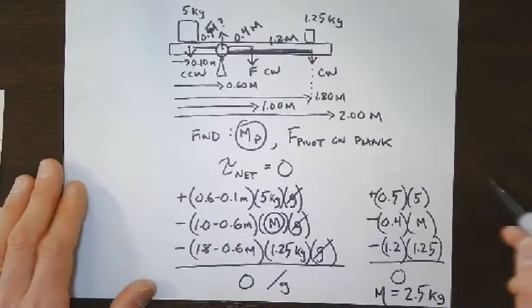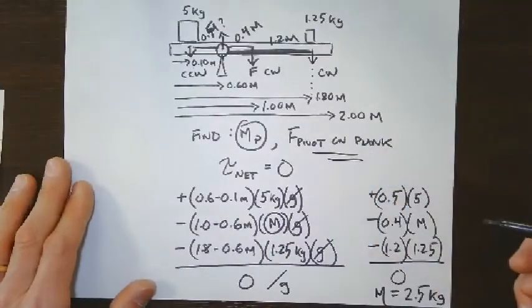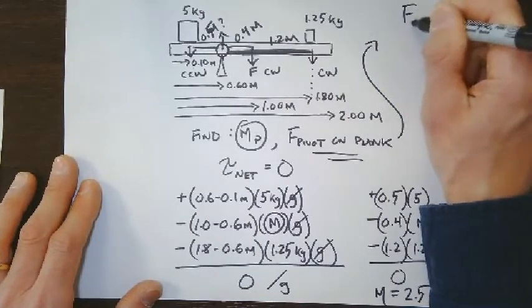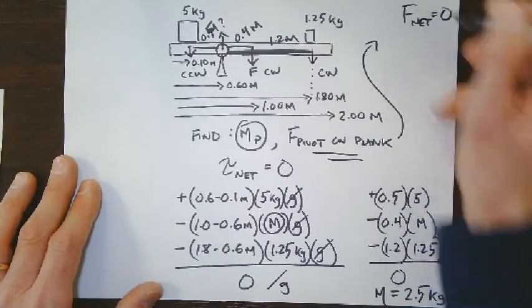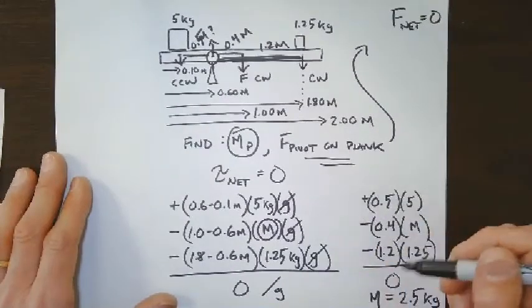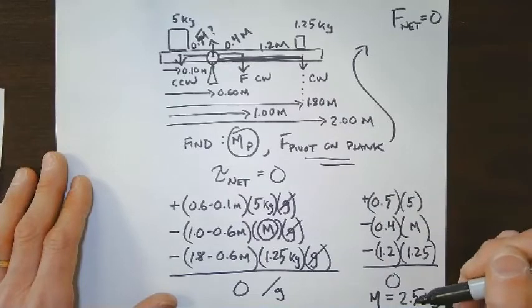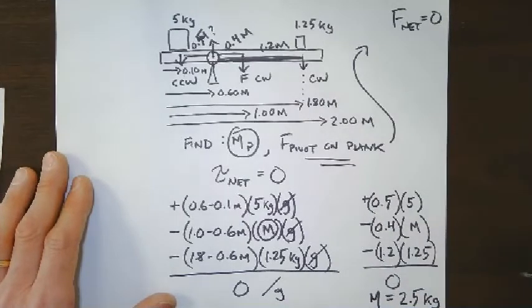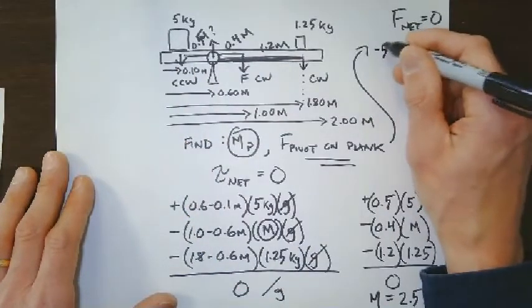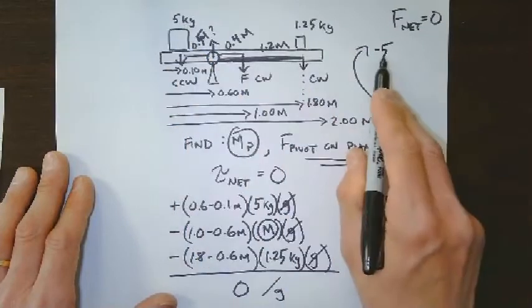The last question was about the force of the pivot on the plank, and that's a pretty easy one. I'll just show that up here. That is going back to F net equals 0, so the whole plank doesn't get accelerated. And so all the forces should add up. Now, since we're dealing with masses here, it's easier to just use mass and then figure out the force at the end. So let's pretend that for 5 kgs, let's just write that as a force for now.